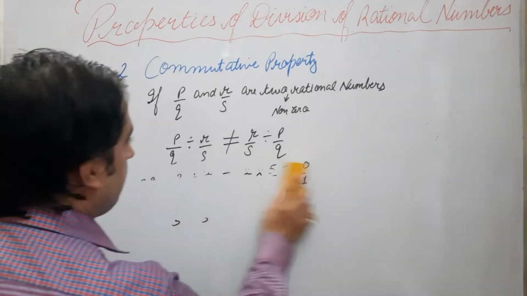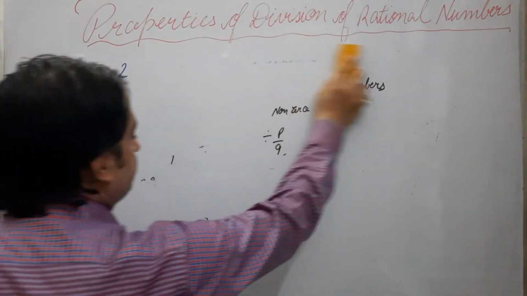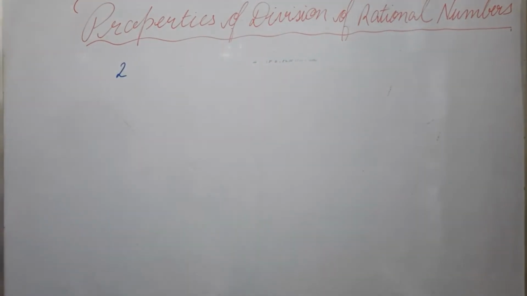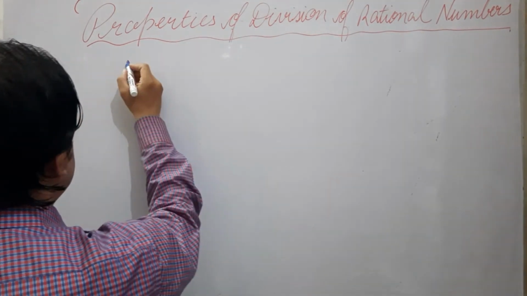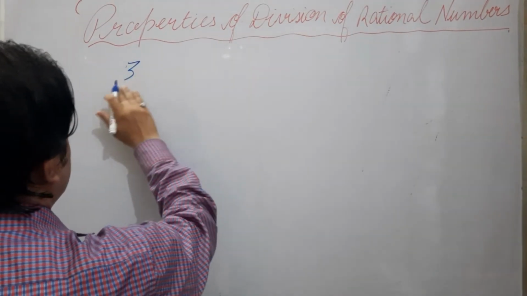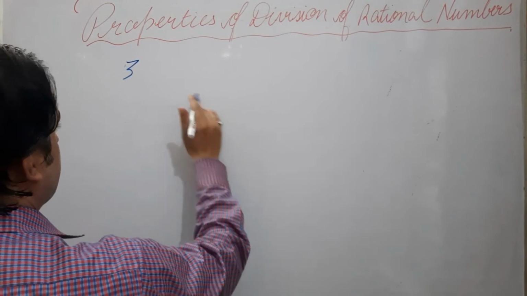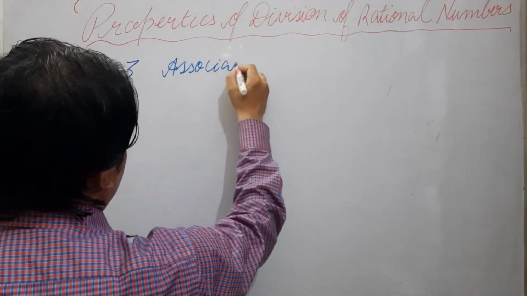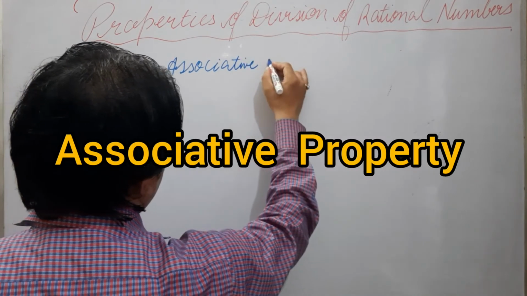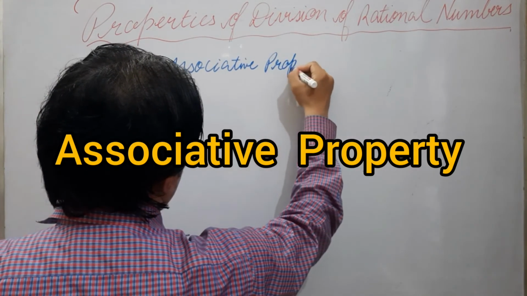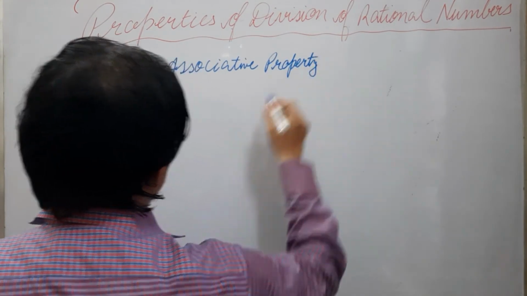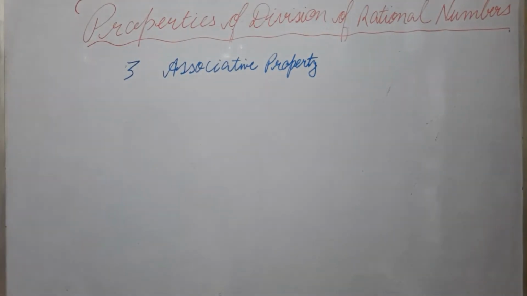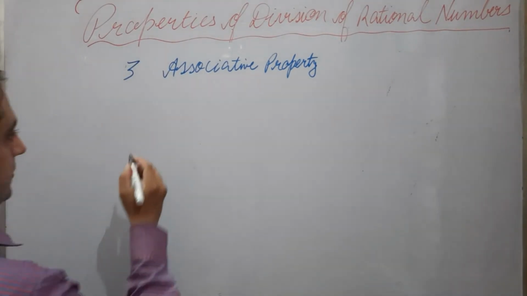Next is the associative property. Associative property number 3, let's see whether the division of rational numbers is associative or not. For the associative property, we talk about three rational numbers.